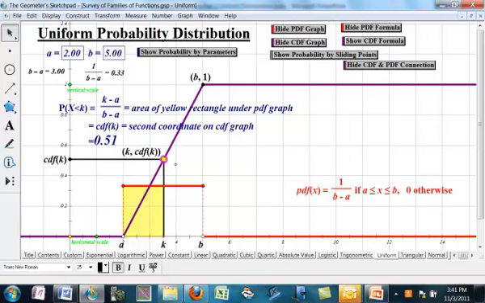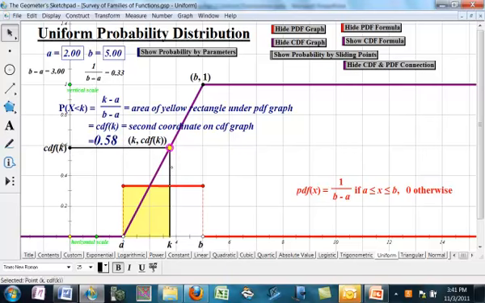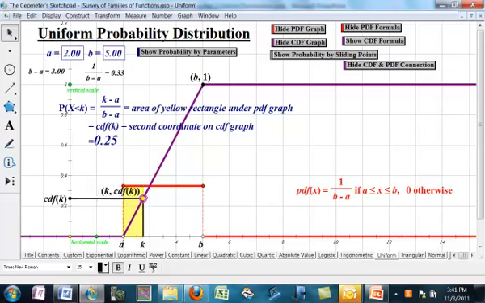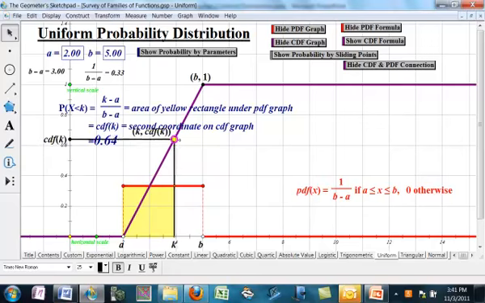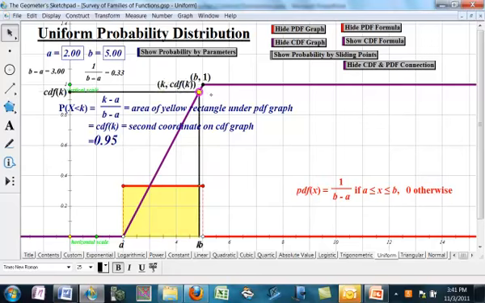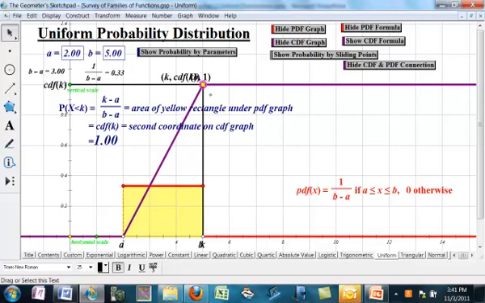This happens. Now this one's pretty easy, so that these always turn out to be rectangles, pretty easy to compute. And we see that as we move from the left, this starts at 0, and that area is accumulating more and more area, so the height on the CDF is going up and up, until finally we get to this point here at B, and we're already at 1 for the height. And anything beyond that, as we go to the right, turns out to have just a height of 1.